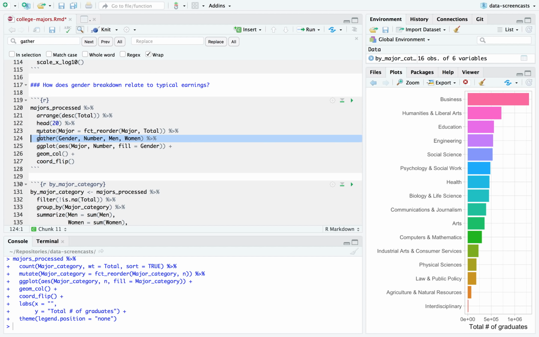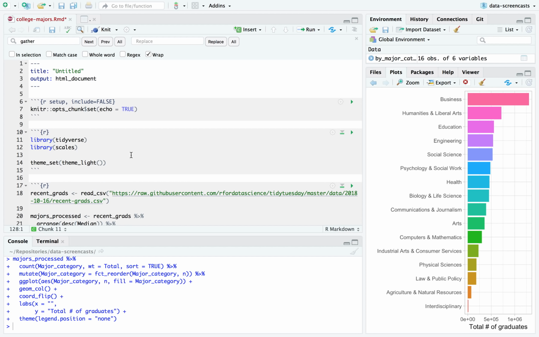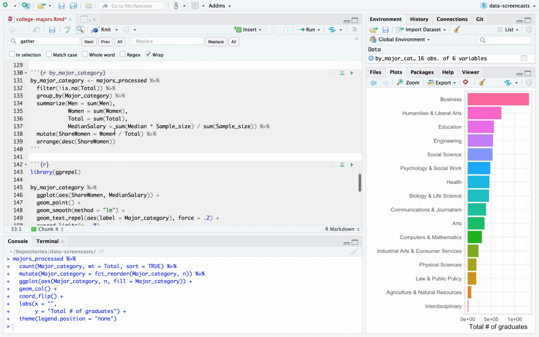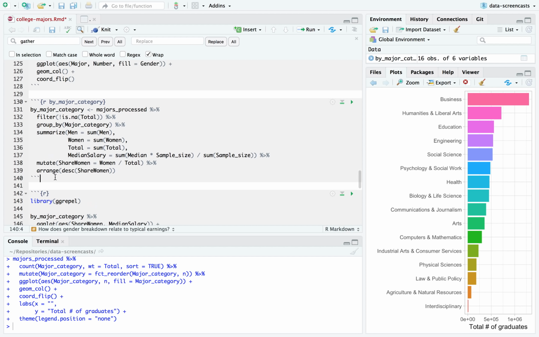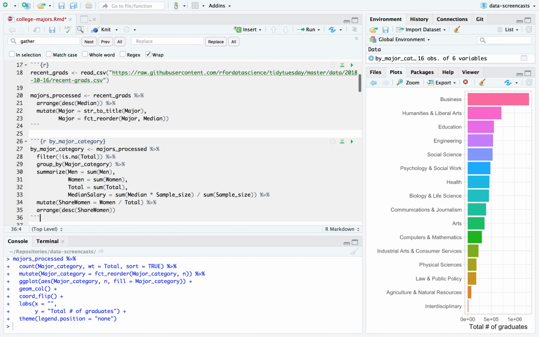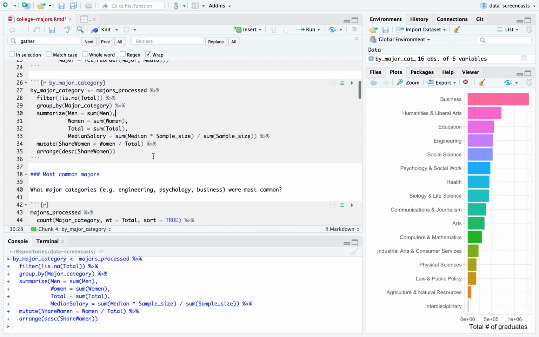So if I'm going to show the total number of graduates, I'm going to go ahead and do it at the aggregate level. I'm going to take my by-major-category data set and move it up to the top. I'm going to say this is one of my early data cleaning steps.